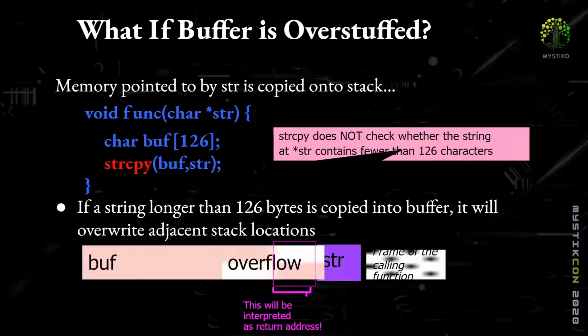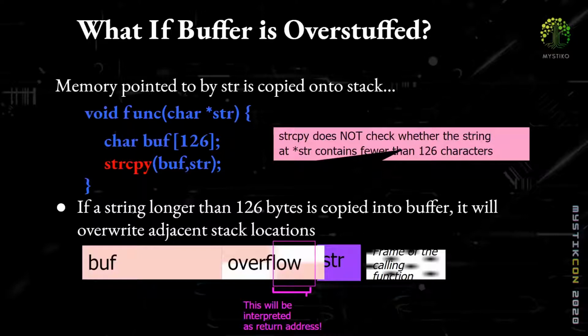So what we can do is supply a string that is longer than 126 bytes, and if there are no state-of-the-art protections like canary or anything applied onto the stack to prevent buffer overflow attacks, we can overflow the SFP, that is the saved frame pointer, as well as the arguments and the return address pointer, and then gain code execution by arbitrarily setting the return address pointer to our desired location.